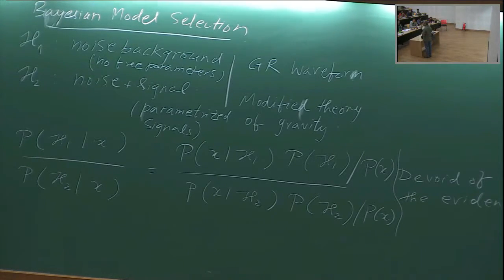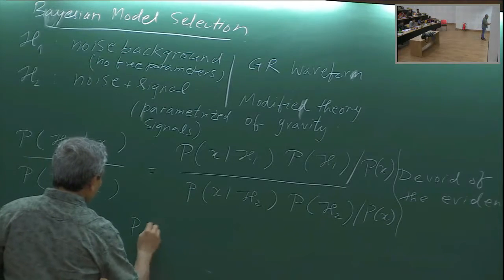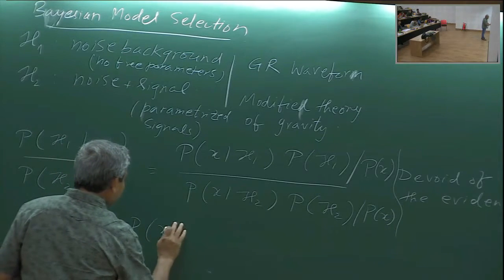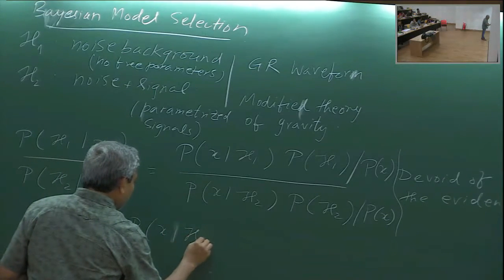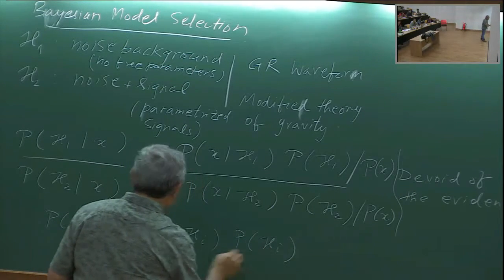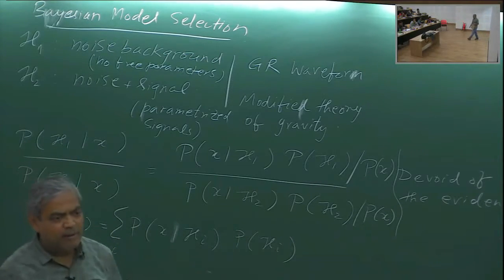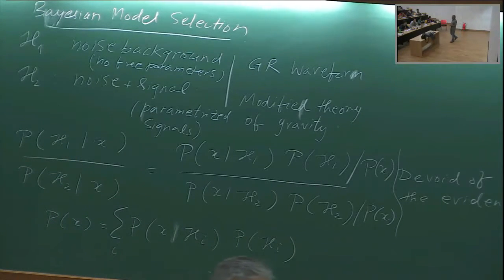That's one of the difficulties. We are asking the question, so P of x, in principle, the probability of getting x, is the probability of getting x given a particular model Hi, multiplied by the probability of the model Hi, integrated over or summed over all the probabilities. That is the same for both models.